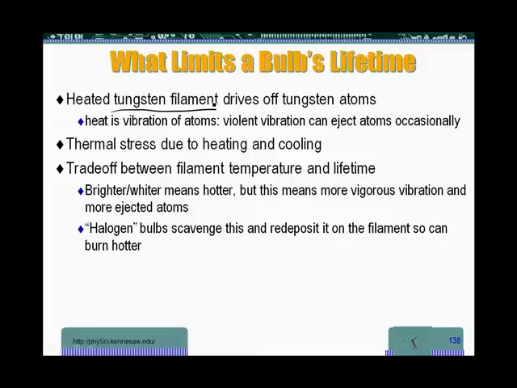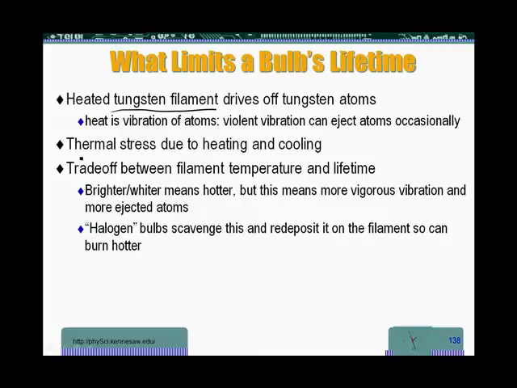Actually, if the temperature is hot enough, some of the atoms are going to get enough energy and get ejected or come off the actual metal. Losing a few thousand here and there is no big deal, but over a long time, enough atoms are going to be ejected to result in a deterioration of the filament, and it eventually breaks.